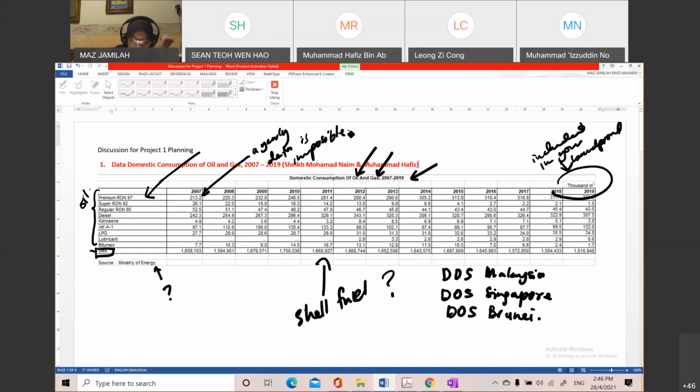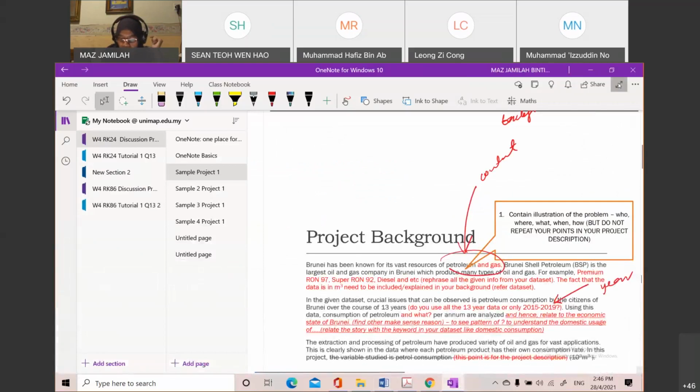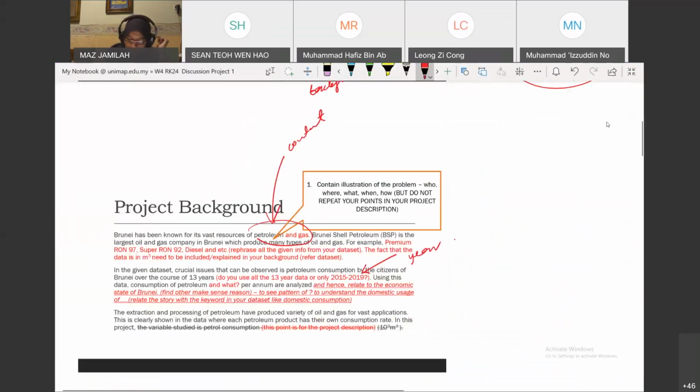How come the whole Brunei citizen only use 213.3 meter cube of petroleum for RON 97? It is impossible. So you have to mention the 1000 meter cube for all the data included in your data set.